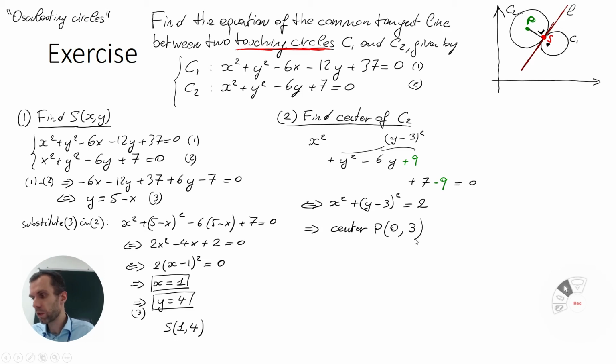So my figure is a little bit off. That point P has to be on the y-axis, but that's okay. We don't really need the figure at this point. So now let's continue on the next slide, and let's quickly remake this figure.